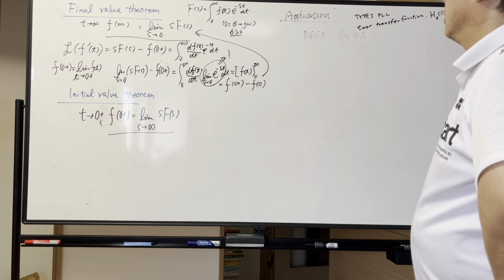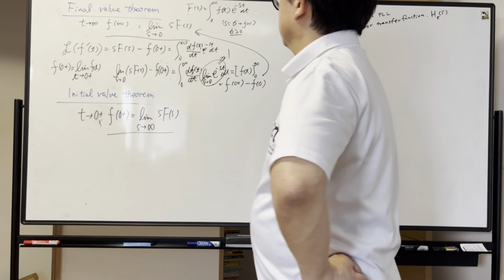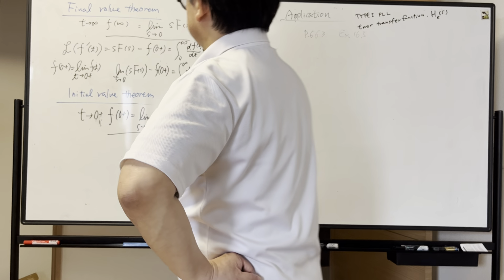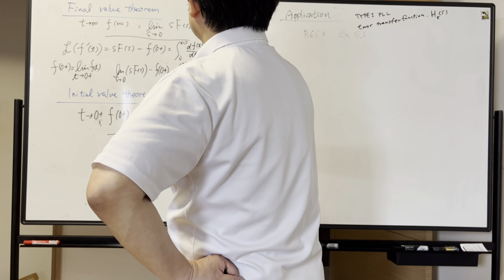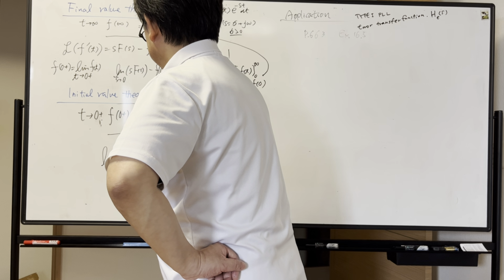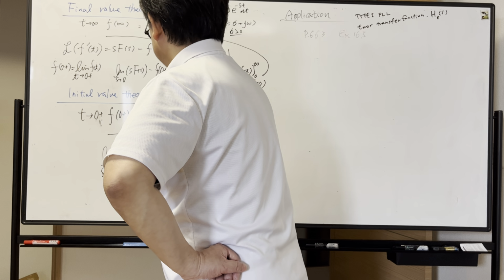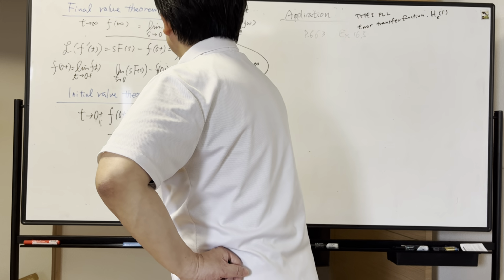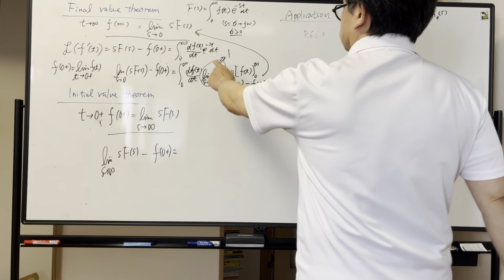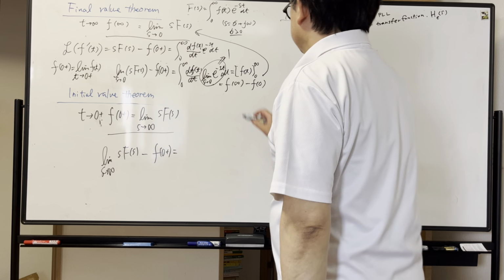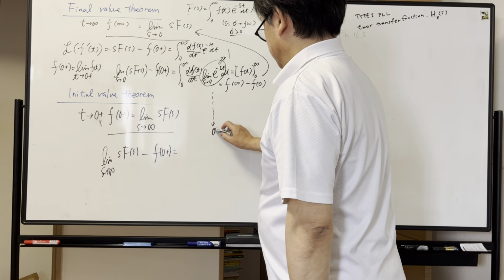So this is the final value. And the initial value likewise utilizes this formula, taking the limit of s going to infinity of s times F of s minus f(0+), equals, as s goes to infinity, these parts on the other hand go to 0.